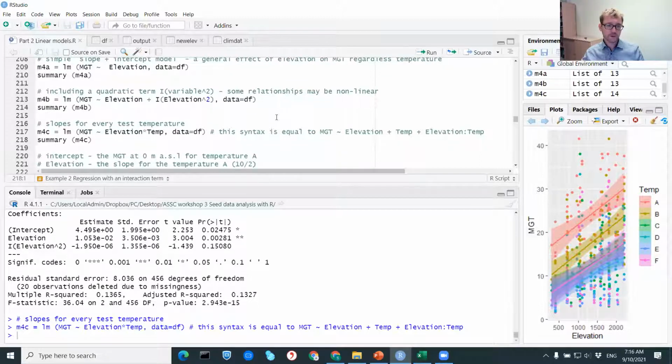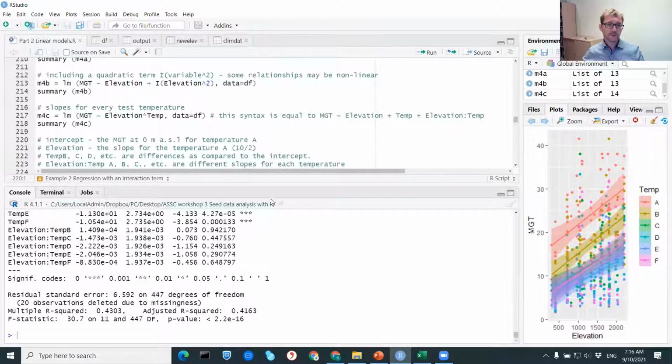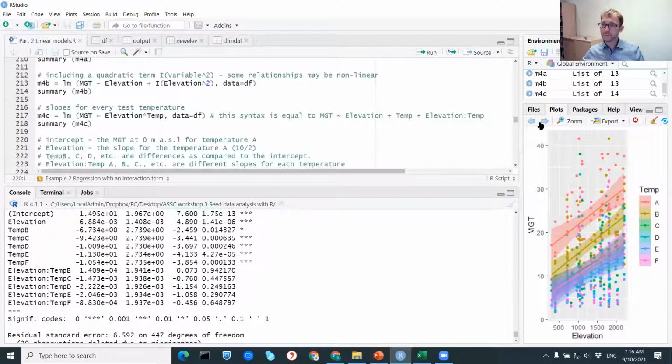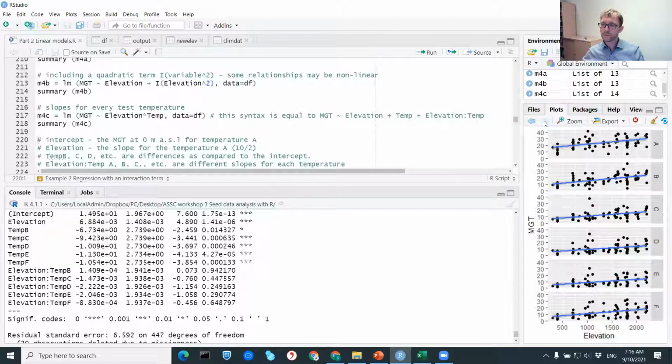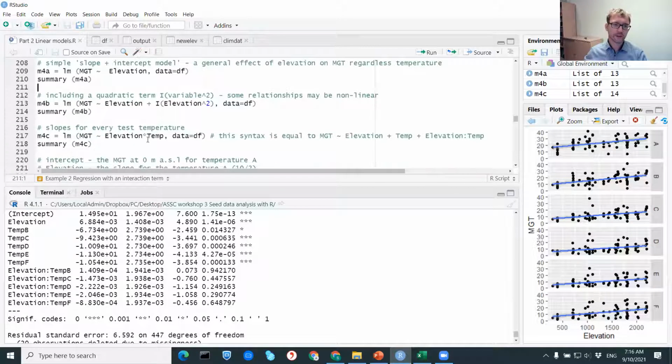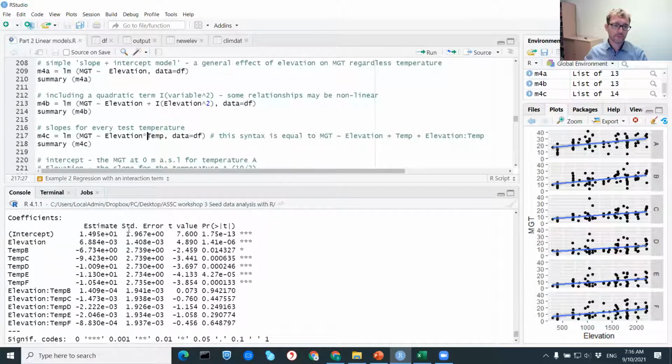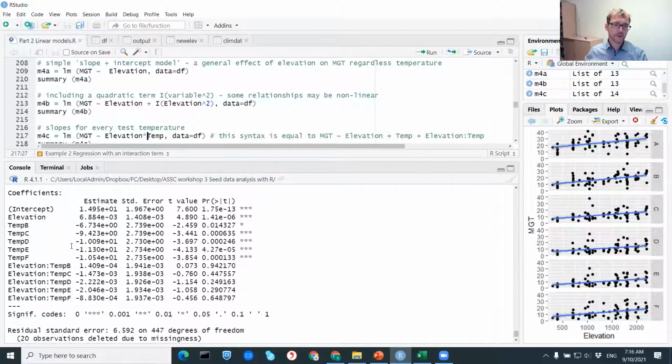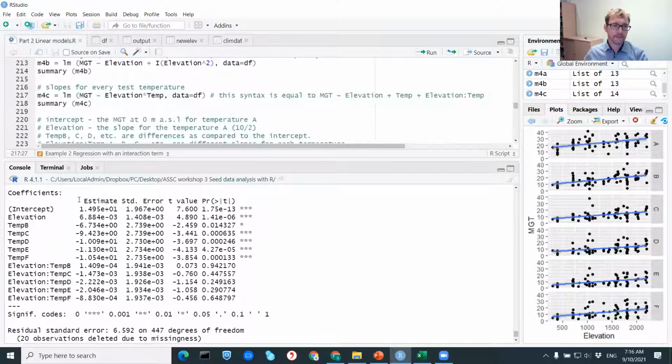And by doing so, I'm fitting actually not one regression line, but a few of them. And here in the output, well, the output looks now a bit longer. And now we're going to break it down.